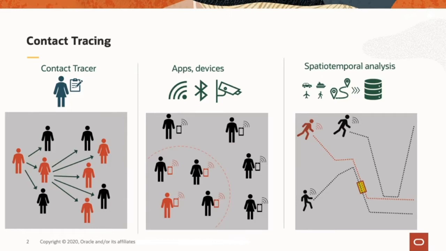In the middle, we see an emerging area of contact tracing facilitated by apps and devices making use of wireless and Bluetooth and so forth, which are meant to automatically detect proximity based on those technologies. Both proximity and the ability to monitor who was in the same place at the same time. Very important and emerging area for contact tracing.